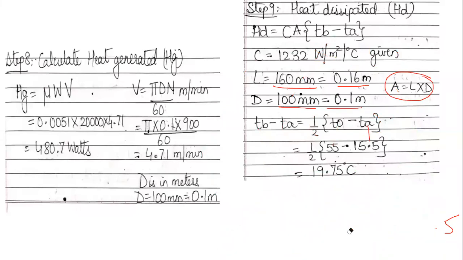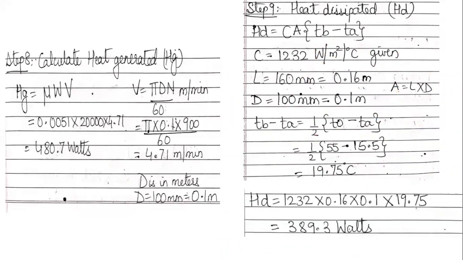So once we do this calculation, we will be able to get heat dissipated as 389.3 watts.